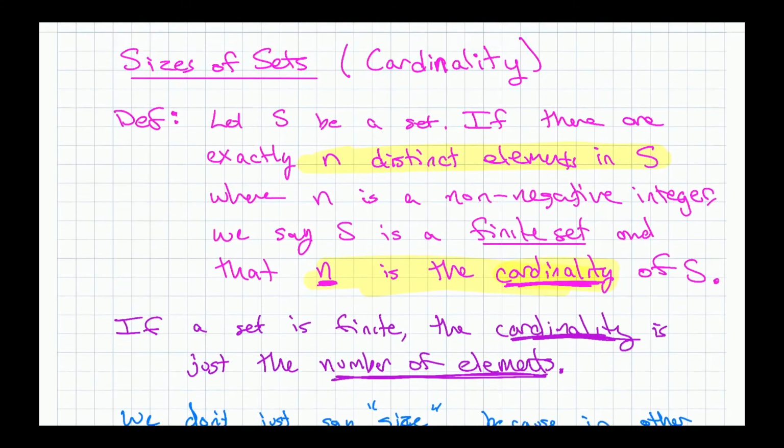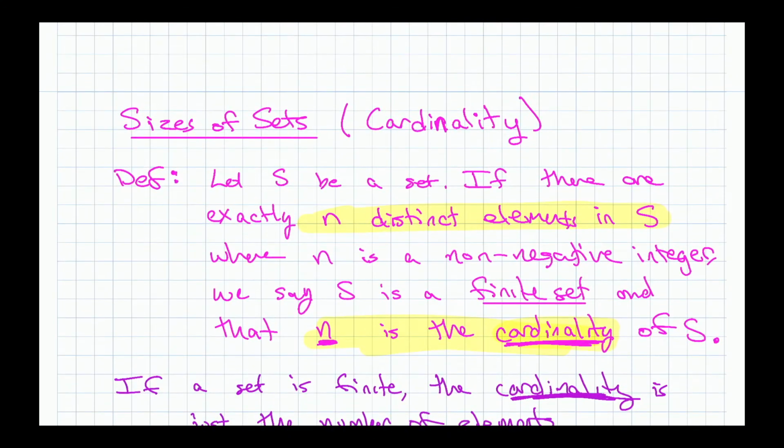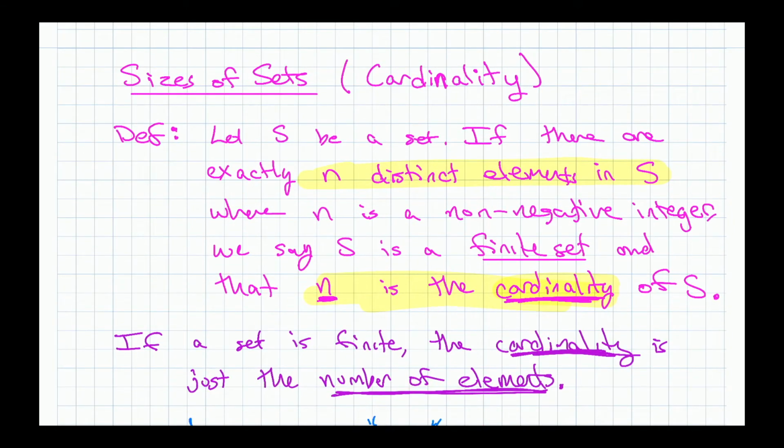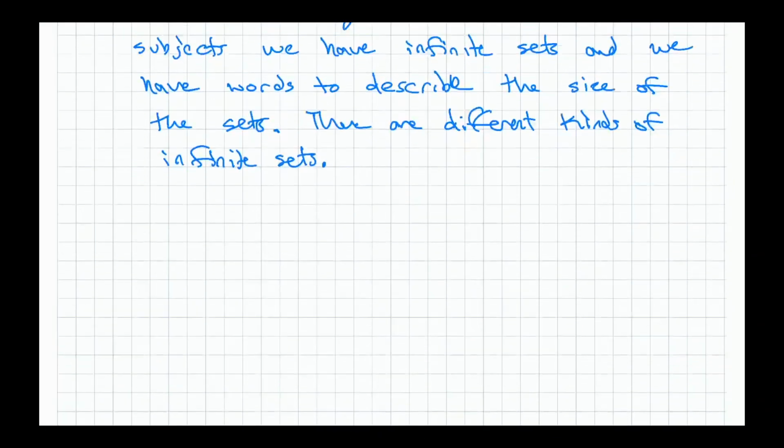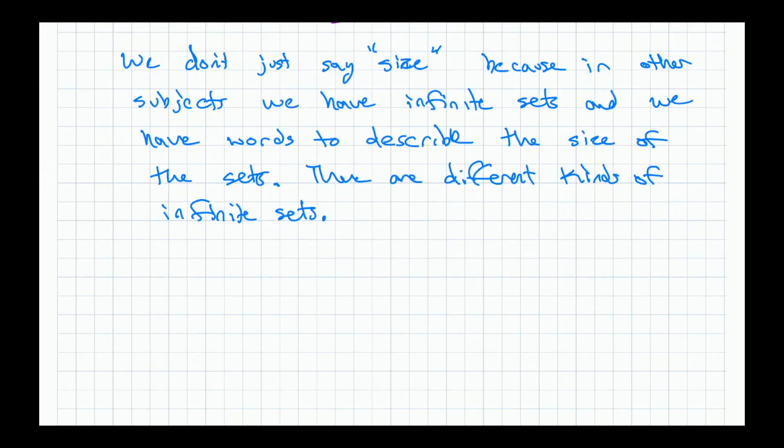They don't just call it size because there has to be a precise definition of what the cardinality of a different kind of set is. You couldn't just say it has an infinite number of elements. Cardinality is more complicated than that. So you don't have to pay attention to that, but you should know this.